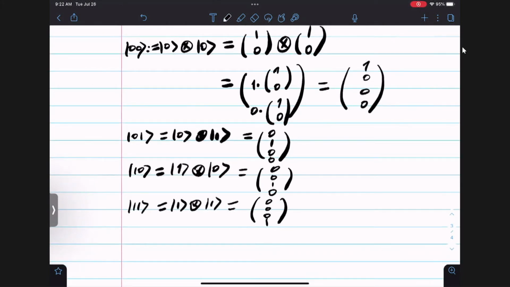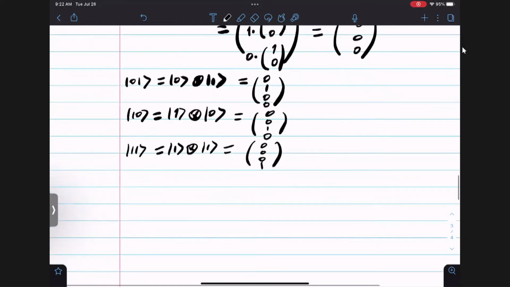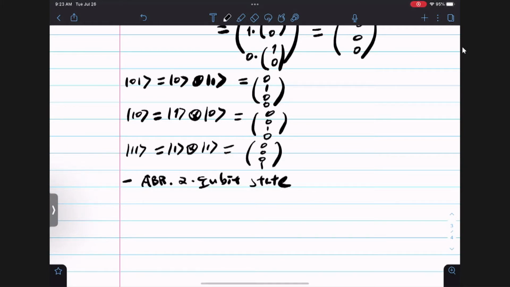Okay, as you can already observe, these 4 states will be a basis for all 2-qubit states. So an arbitrary 2-qubit state can be written just as a linear combination of these 4.